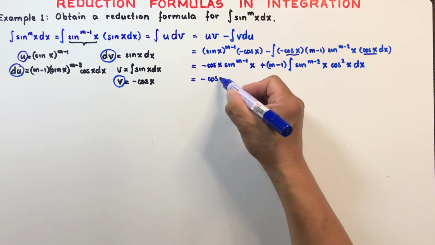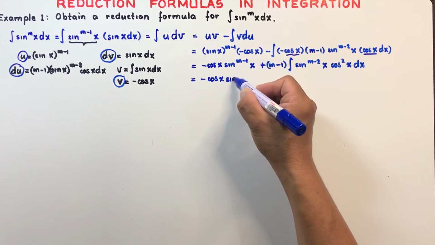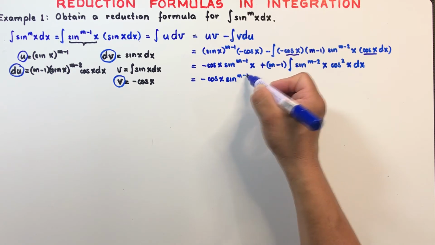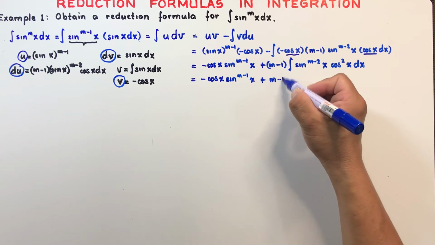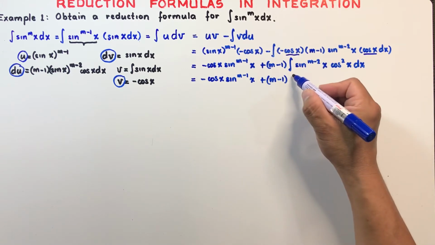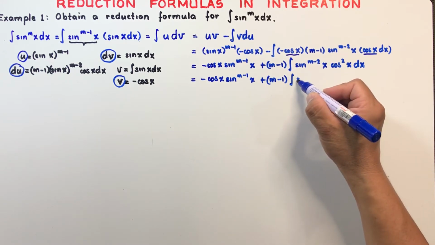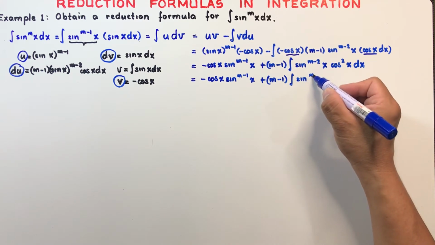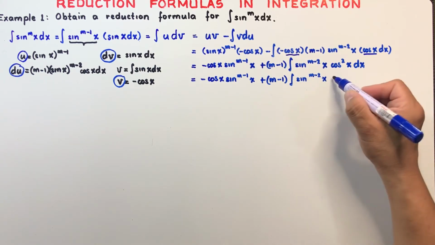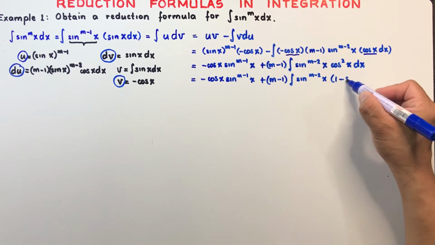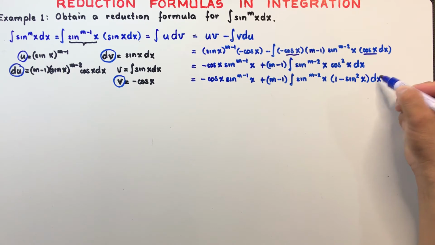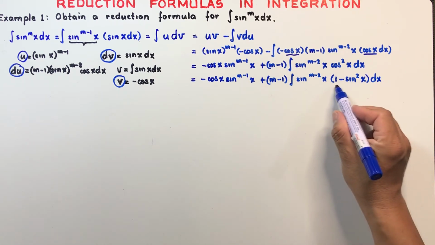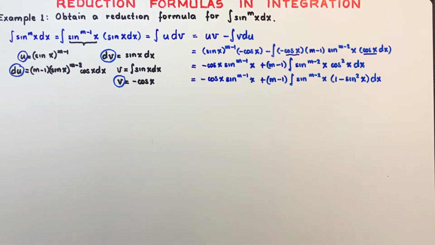So we have negative cosine x times the sine of m minus 1 of x plus m minus 1 of the integral of sine x to the power m minus 2 times 1 minus sine squared x, because we know that cosine squared x is equal to 1 minus sine squared x by Pythagorean identity.